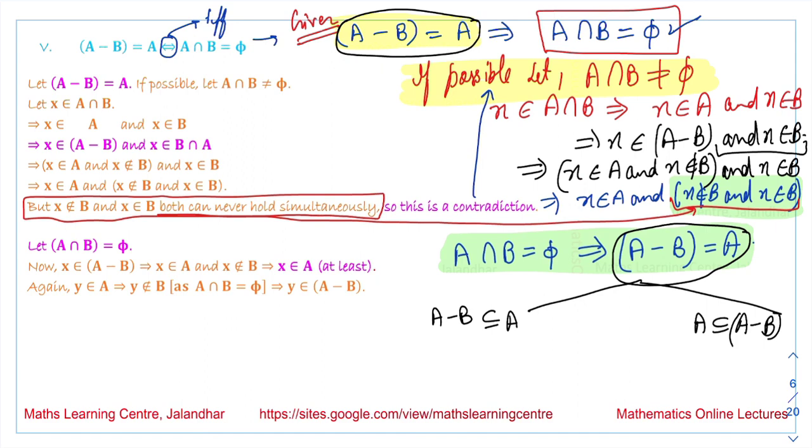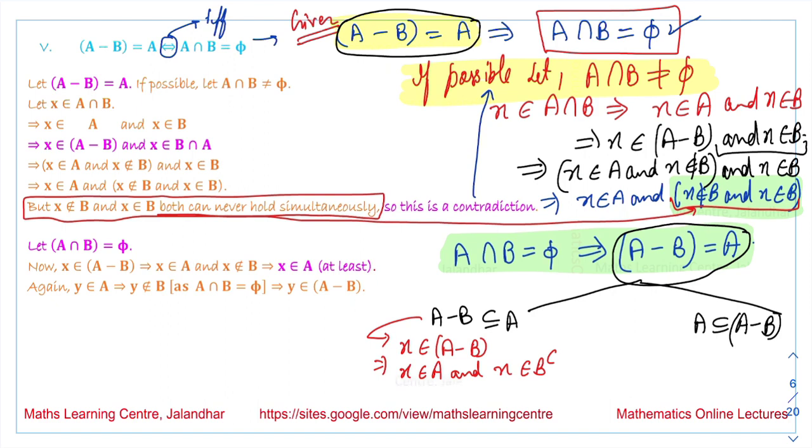To prove the first part, let x belong to A minus B. This implies that x belongs to A and x belongs to B complement.